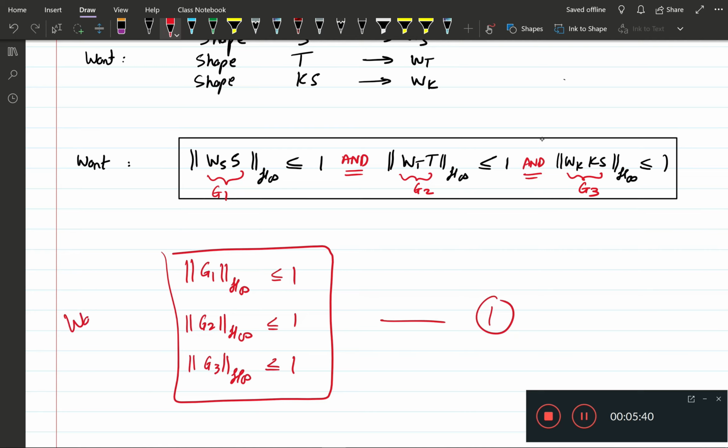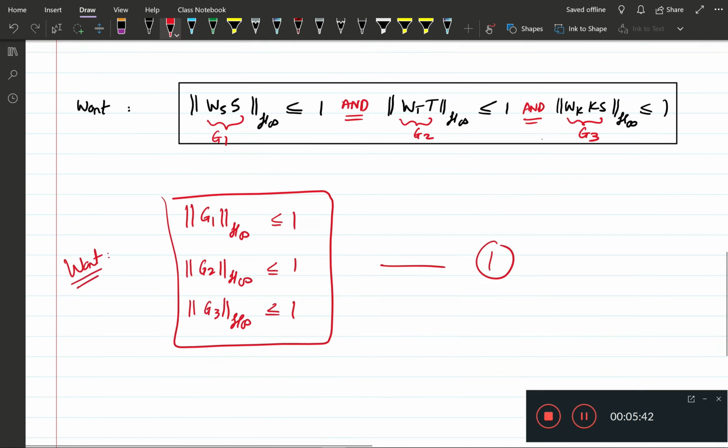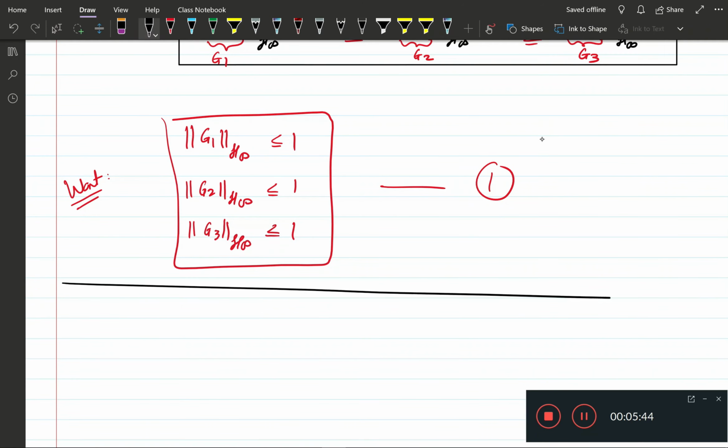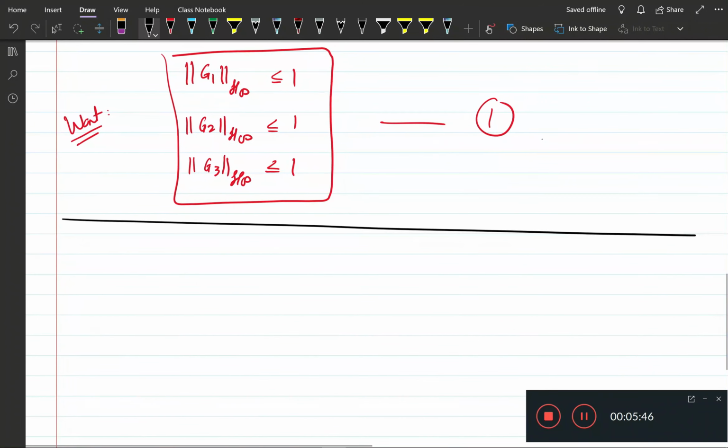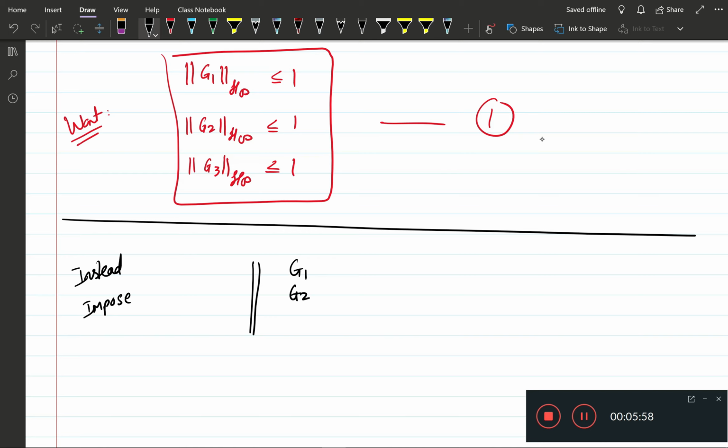This is what we want, and what we are instead imposing is that the H infinity norm of G1, G2, G3 together is less than 1.